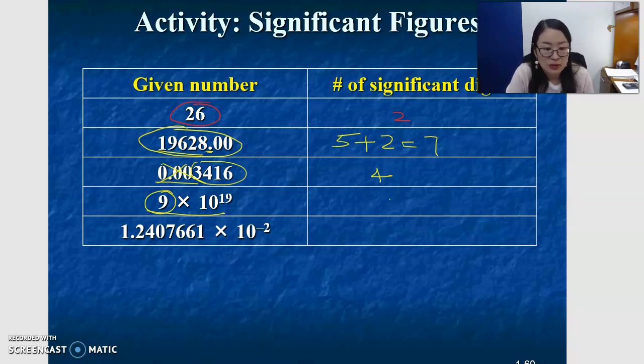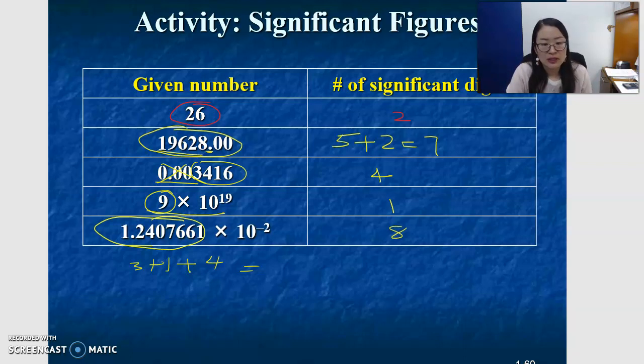So if it's only one non-zero digit, it's one sig fig. If we look at this one, it has 0, but it's a confined 0. All confined zeros count. So I have 3, plus 1 zero, plus 1 2 3 4, 4 after the 0. So I totally have 8 sig figs.